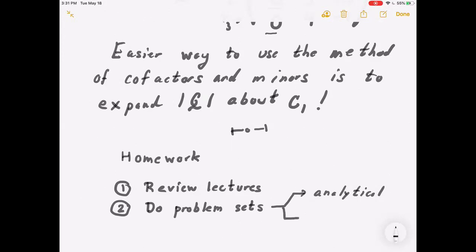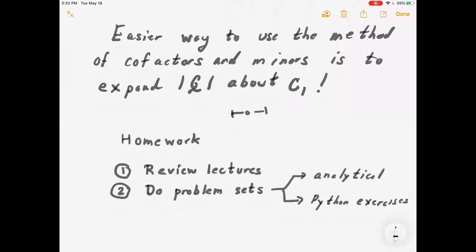Second part of the problem set involves going through Python lab exercises. And here, these are exercises that are meant for you to do. So in the first problem set, I assume you know nothing about Anaconda, nothing about Jupyter Notebooks, nothing about Python, nothing about NumPy, nothing about SymPy, et cetera.